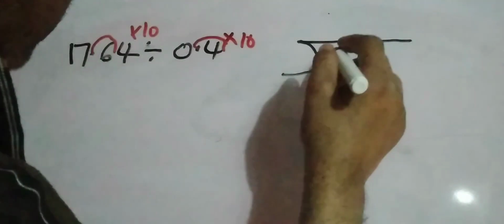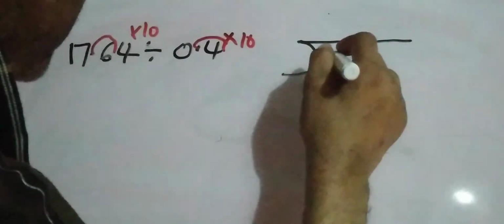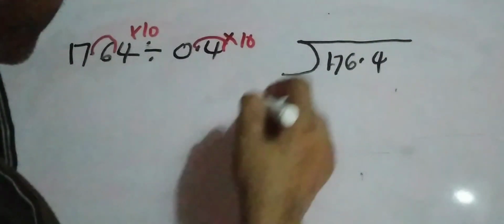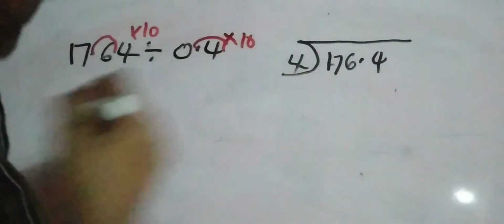So the dividend is going to go inside, so now we're going to have 176.4 divided by 4 because the 4 has now become a whole number. Now we're going to say 4 into 1 we can't. Then we say 4 into 17.